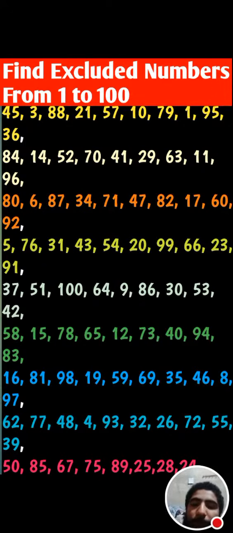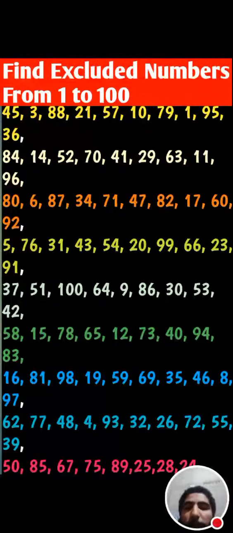I think the number 18 is also missing, so it is the fourth number of the list that is missing. So we have found four missing numbers that are 2, 7, 13 and 18.